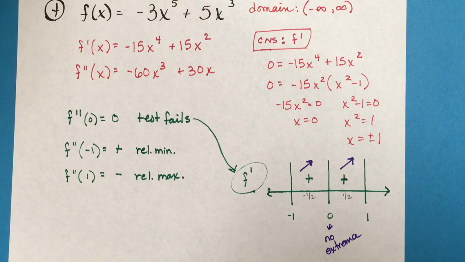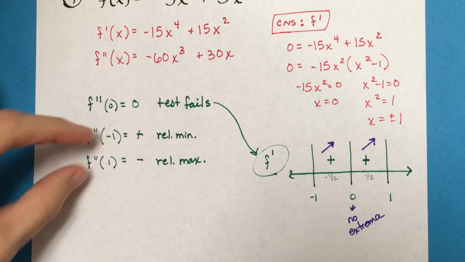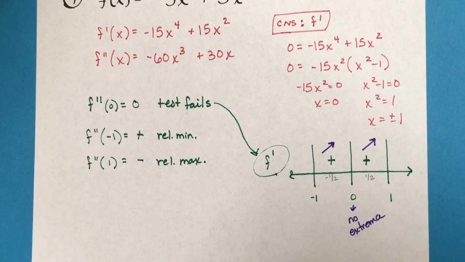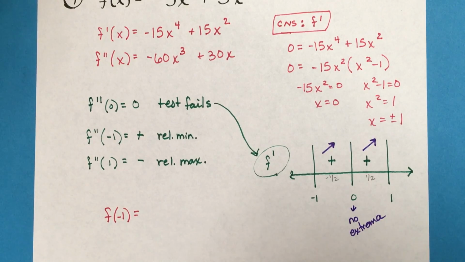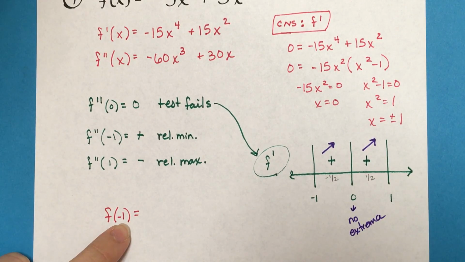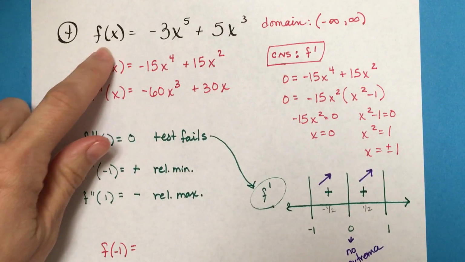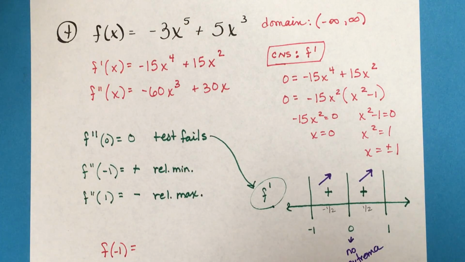Now we need to know the actual ordered pair for the max and the min. Of course, we found these two. So you've got to substitute the -1. Now remember, I didn't put a tick mark here, so that means that I'm plugging -1 back into the original function, because I'm completing an ordered pair, a point that is on this graph, so I have to go back to the original.